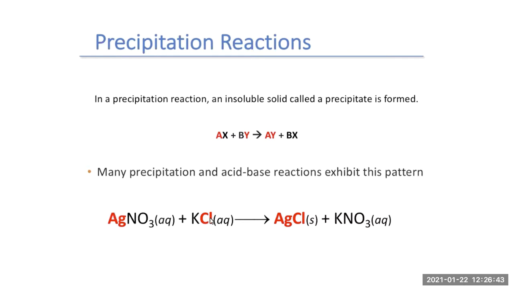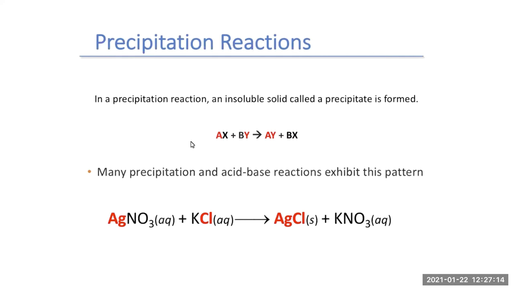So if you have silver nitrate and potassium chloride, they'll give you silver chloride and potassium nitrate. We learned in the solubility rules that silver chloride is insoluble in water, so therefore it becomes a solid. That's the precipitation part of our reaction. If I took these 2 liquids and mixed them together, I would get a solid out. And then you'd still have the potassium nitrate dissolved in your solution.